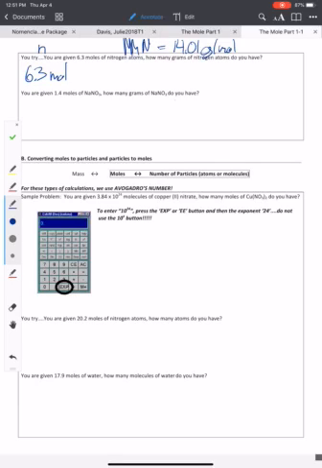Okay, so we have 6.3 moles of nitrogen atoms, and we're looking for the number of grams of nitrogen we have. So we're going to take that 6.3 moles and multiply it by a conversion factor that's going to get us from moles into grams. Remember, our molar mass becomes our conversion factor.